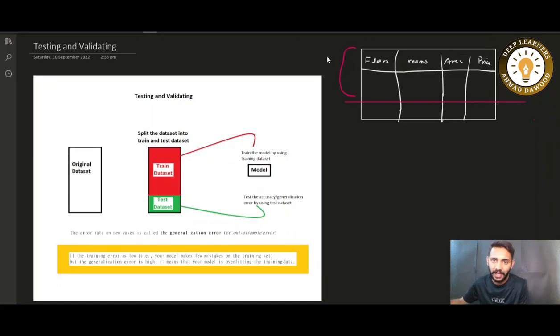This other data set we usually do not use during our training phase. We keep it on the other side, and we consider that we have just this training data set.